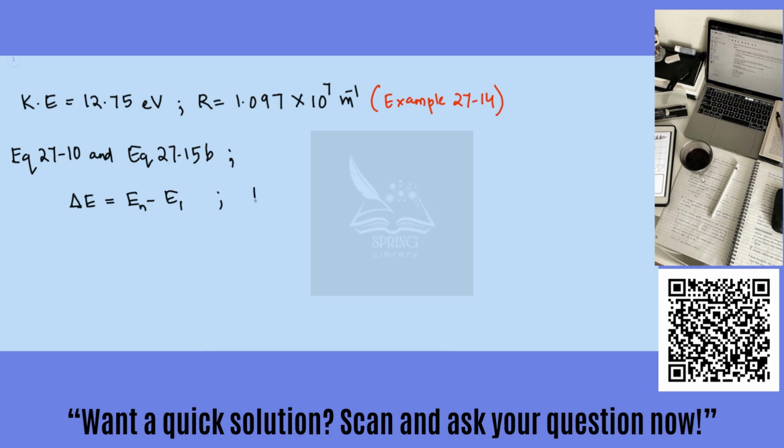Now, we know that En is equal to negative 13.6 electron volt over n square, and we have delta E as the energy of the photon, which is 12.75 electron volt. Now we use this equation, and also E1 is negative 13.6 electron volt. So we plug these values into this equation to find the value of n, or the state to which the atom is excited.